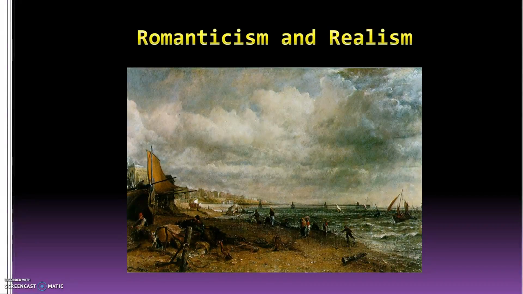This is just the way the world is, this is the way it is for everybody. And with the Romantics, they also believed that nature and the beauty of nature is where we see and get the real truths of life. And so you can see this reflected in the art in the sample that I have here, a very realistic portrayal of the beauty of nature and the power of nature.